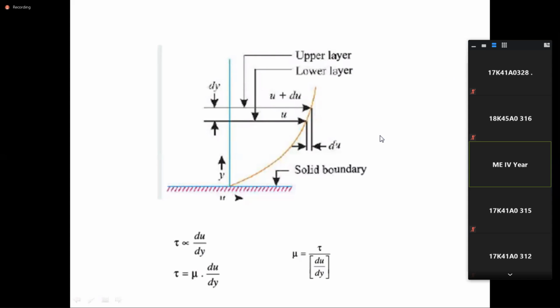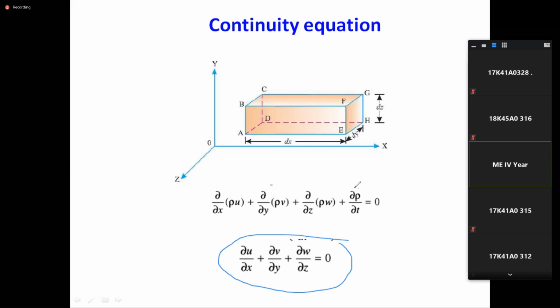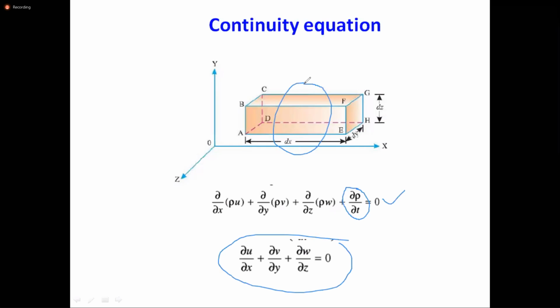At the same time, this is the conservation of mass equation. For example, if we consider the unsteady state with respect to time, then this becomes the equation which we have already learned in fluid mechanics by considering a small elemental volume for the polar coordinates as well as for the cylindrical coordinates.